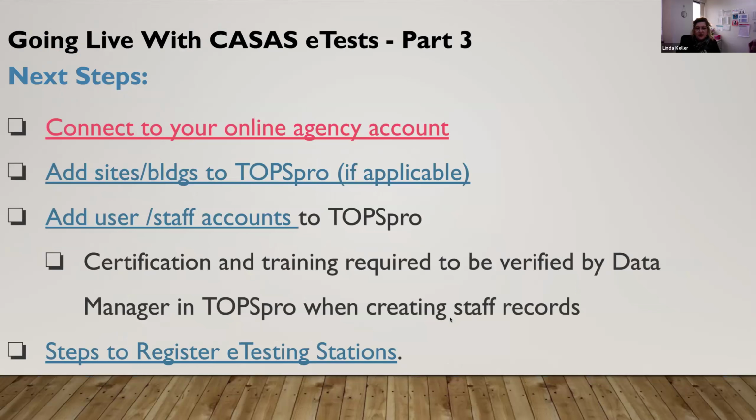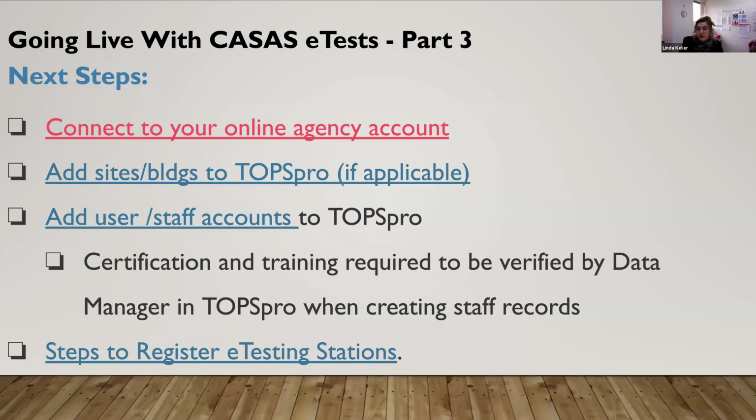So after all this, it looks like there are a lot of steps to go through in order to get there, but I can't say it enough. It's worth it because it does save on staff time. So after you get your access to your account and you're connected to your online account, you're going to take into consideration if you're going to be delivering e-testing at 1 location, 2 locations, or at 10 locations.